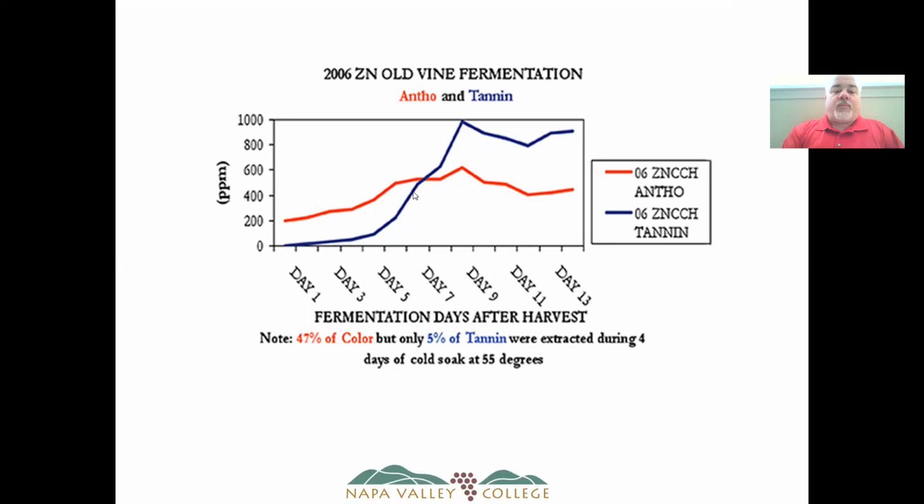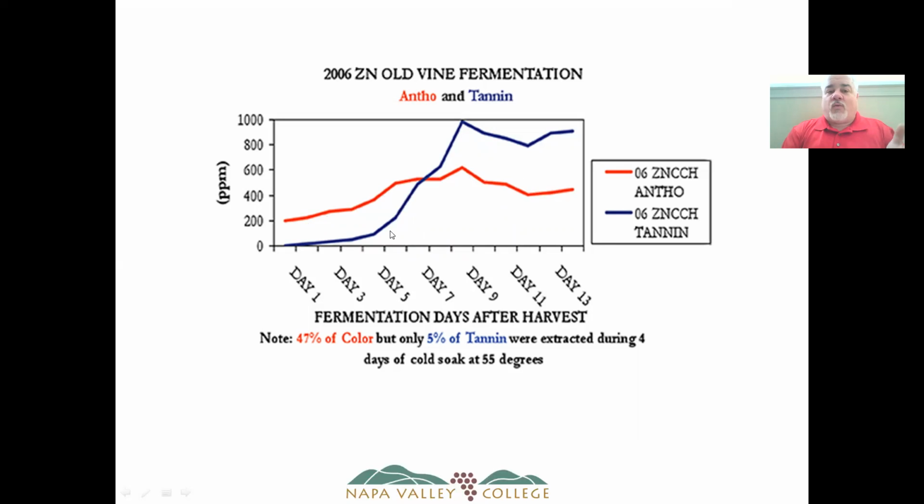You can see here that pretty much by 5 days, the level of color has maxed out already. You're not getting any additional color. You're actually losing some color towards these later days. But most of the extraction of color happens within these first days.